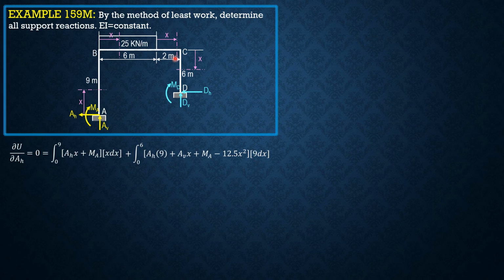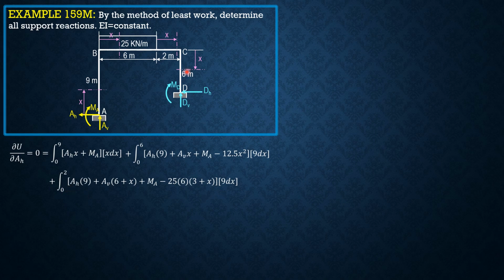Then for the third section, plus integral of AH times 9 plus AV times quantity 6 plus x plus MA minus 25 times 6 times 3 plus x, derivative 9 dx.